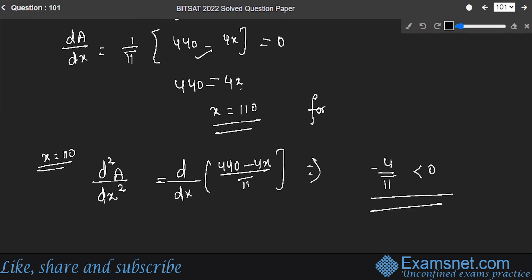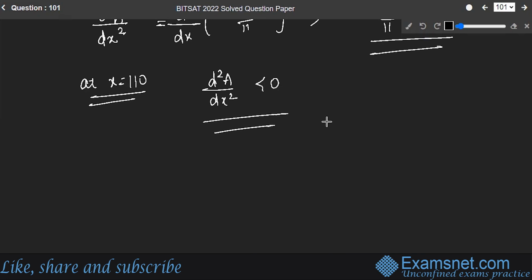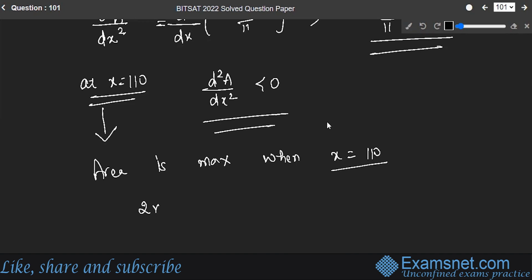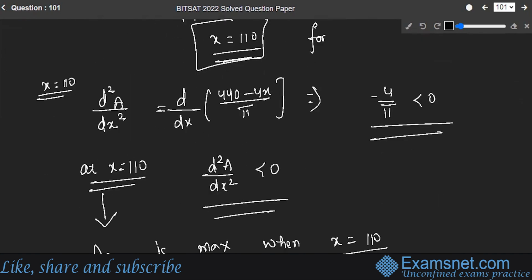That means at x is equal to 110, the second derivative, no matter what, the value is independent of x, is less than 0. Therefore, area is maximum when x is equal to 110.